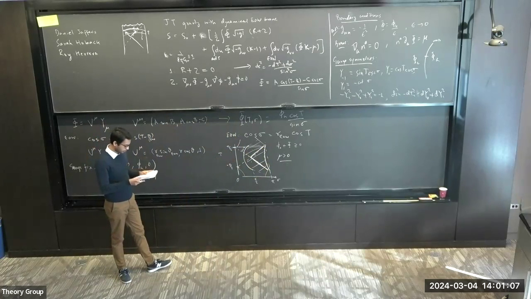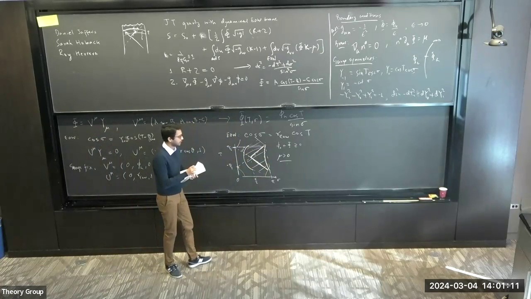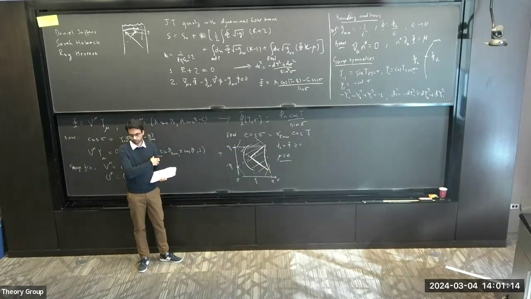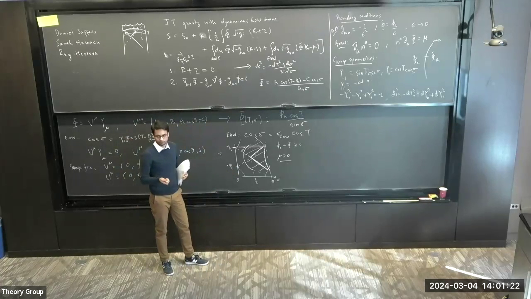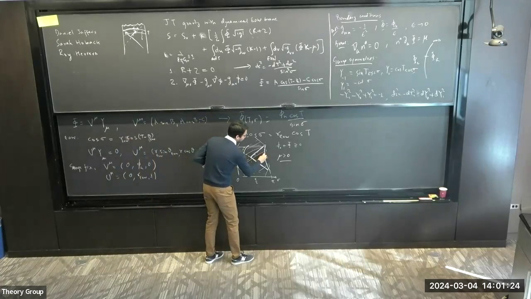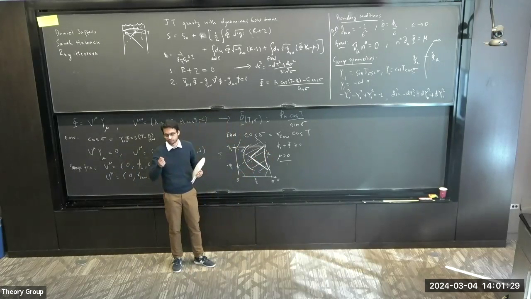Okay, so we can now try to understand the phase space of this setup. We can parameterize the phase space by the boundary location. Let's say I use U naught to specify the location of the initial slice.